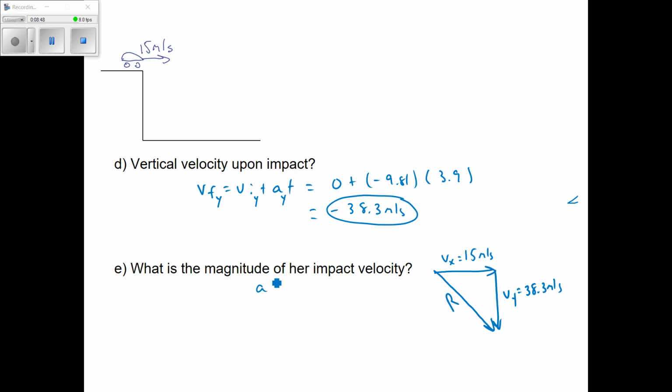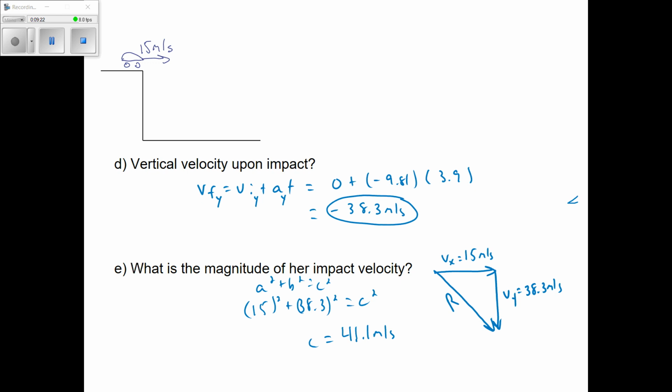So we find the resultant by doing A squared plus B squared equals C squared. And we just plug in our values. So if we use our calculator, 15 squared plus 38.3 squared, and then take the square root, we get 41.1 meters per second. So if we can measure how fast she was actually going, it's that resultant. It's 41.1 meters per second.